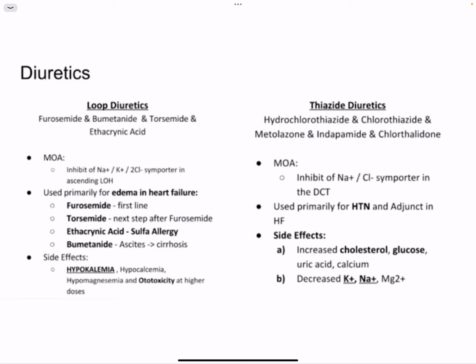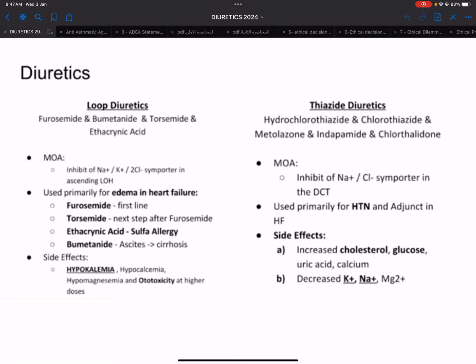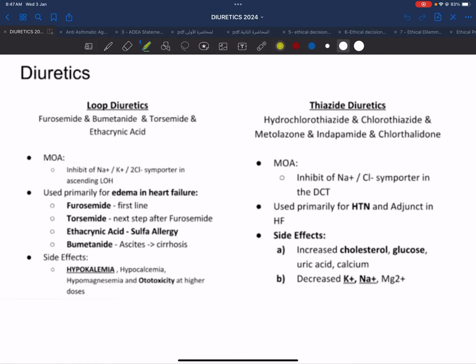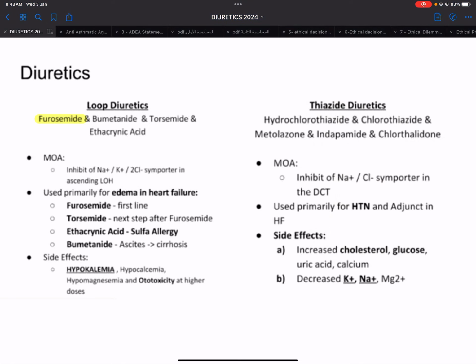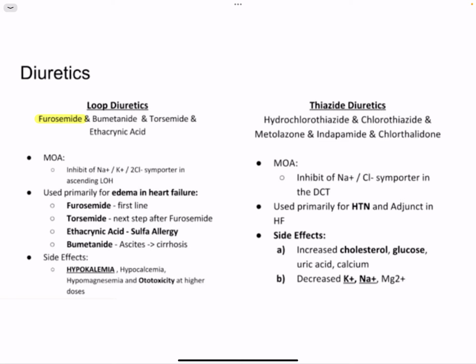The first one, underline it. You will see many patients using it for many years. That is one of the commonly used loop diuretics. The second one is bumetanide, then torsemide, and the last one is ethacrynic acid.